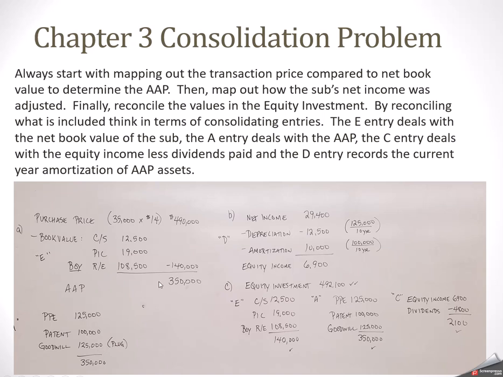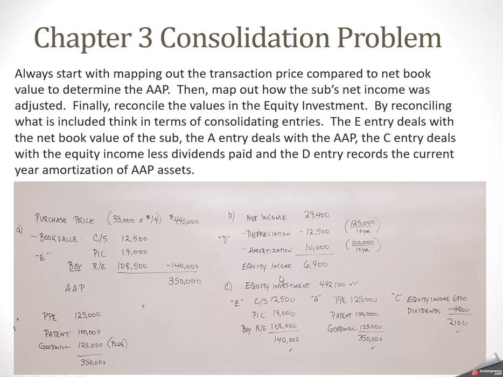That leaves a $350,000 acquisition accounting premium that relates to our property, plant, and equipment for $125,000, our patent for $100,000, and then our goodwill again is a plug to get those acquisition accounting premium assets up to the $350,000. And again, just thinking about it, these represent our E entry, these represent our A entry.